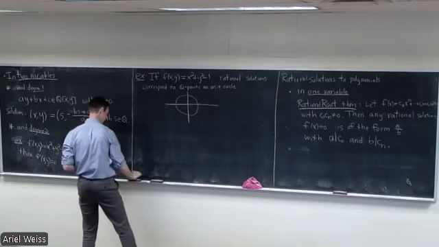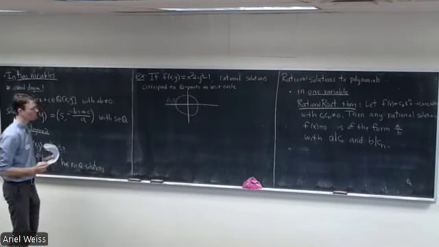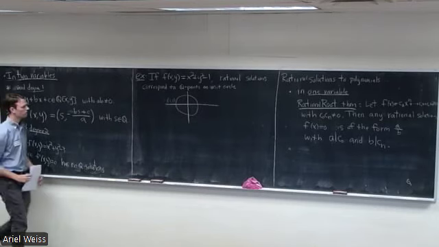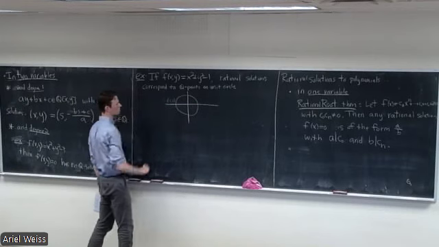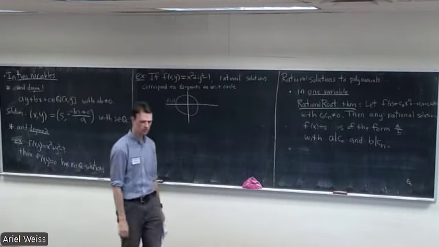Okay, there are some obvious points on this circle, so at least we're not in the case where there are none. For example, we have the point -1, 0. But we're interested maybe in other rational points.